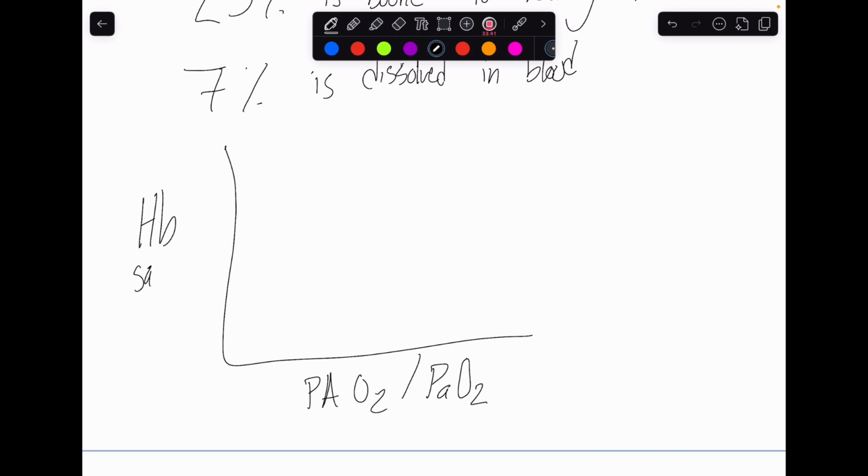First we'll draw normal. That's going to look like that. We'll go here about 100%. Here we'll label that 90, a little bit higher. 90, 70, 40.